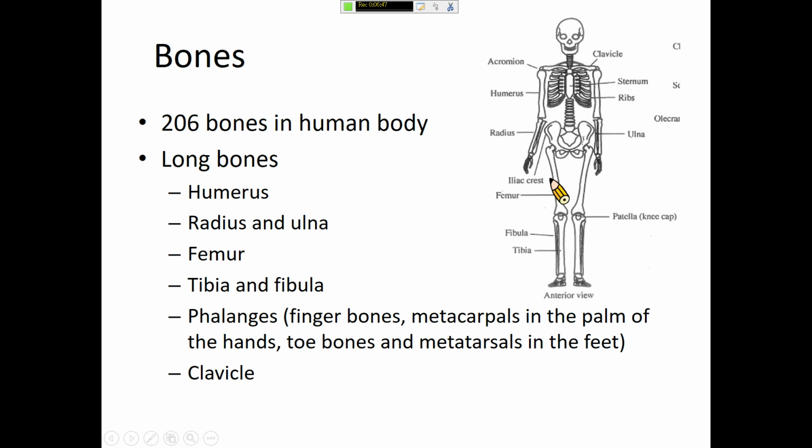Femur. And then similarly, there's a tibia and fibula. There are two. Why do we need two? Because of the need for this kind of rotation. Tibia and fibula.